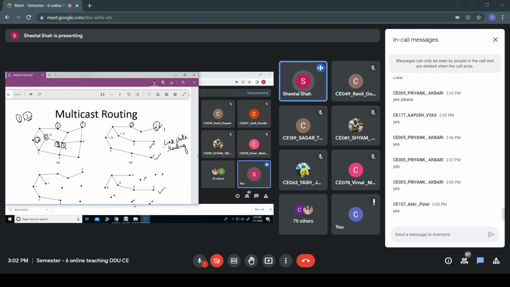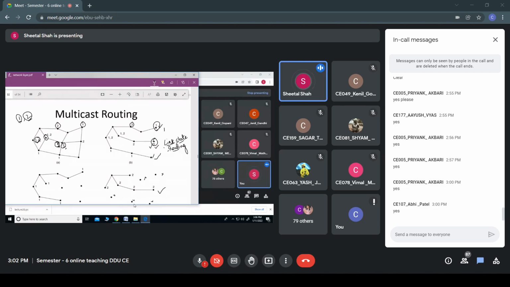Suppose this router belongs to group 2, so when it floods its link state packet, it has to indicate that it belongs to group 2. Similarly, all these routers should provide their own group information with their link state packets. This is one way. Once the spanning tree is done, it can start pruning the spanning tree based upon the group it belongs to.